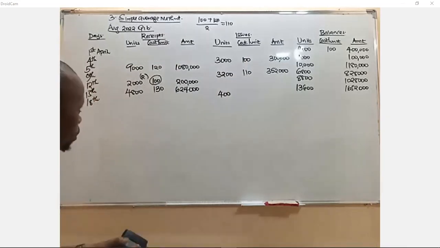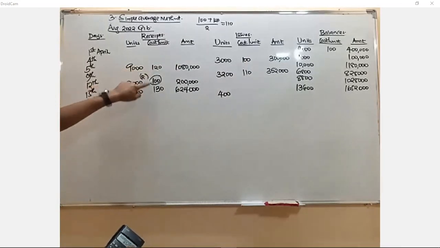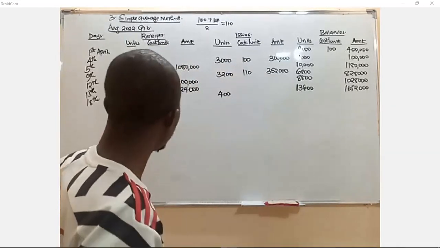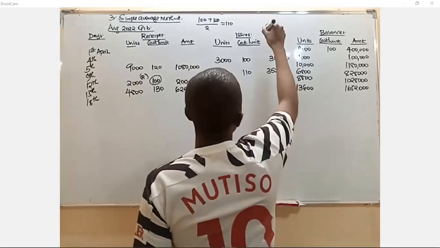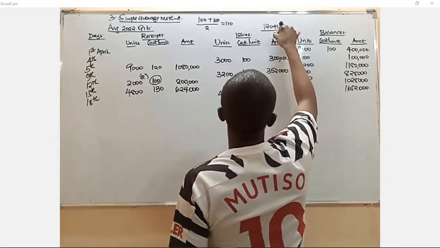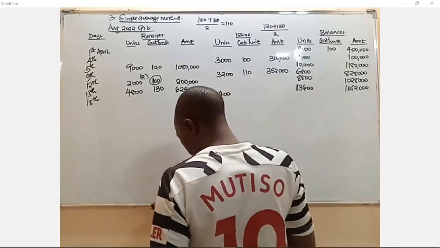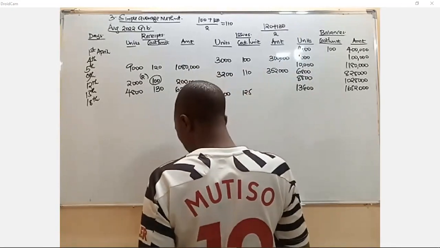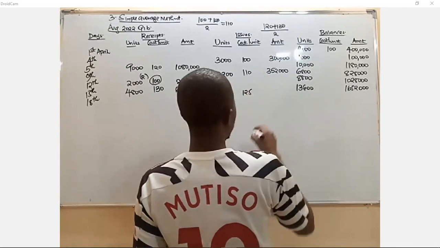So in this case, we just factor this one and this one. So unachukua tu 120 plus 130 divide by 2. So 250 divided by 2 getting 125. So 125 times 400 getting 50,000.